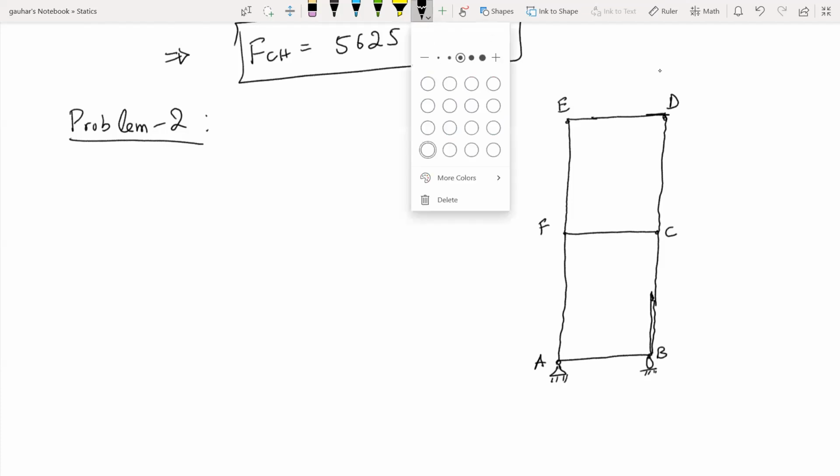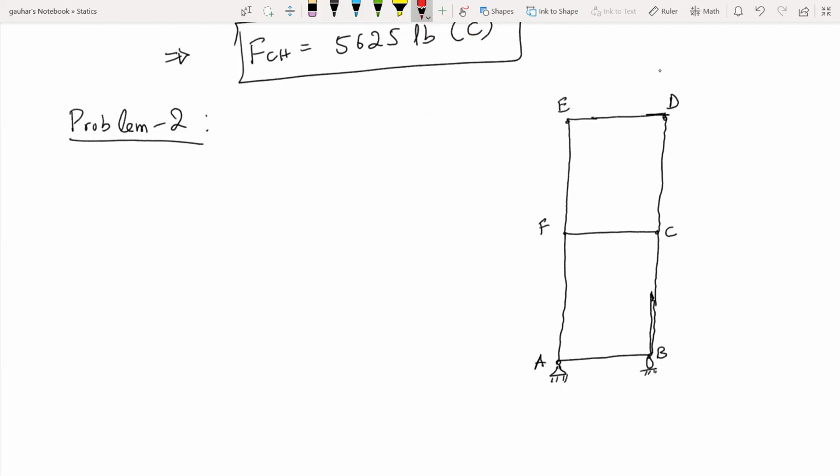And then we have some external forces. We have 4 kilonewtons force here. We have 8 kilonewtons force here. And then the dimensions you already have on your handout. I'm not going to draw the dimensions. Okay, so this is your truss.